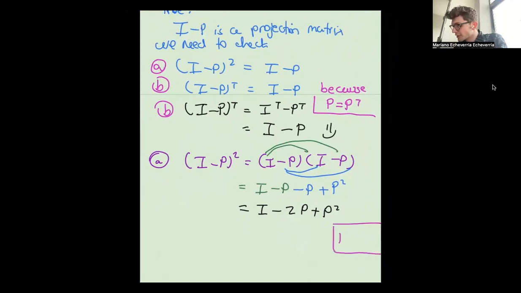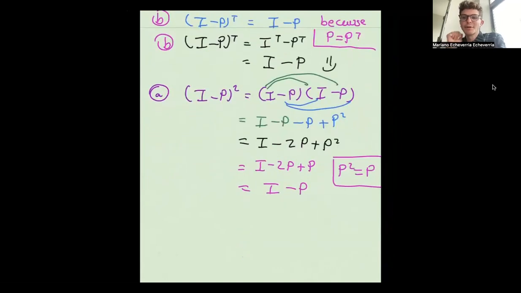Right, exactly. So P squared equals P. So this gives you I minus 2P plus P, and that gives you I minus P again. So this matrix squares to itself. Is that okay with everyone? So that's the second property of a projection matrix that we want to check.